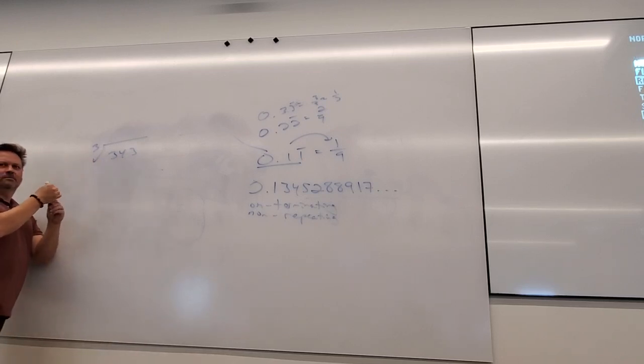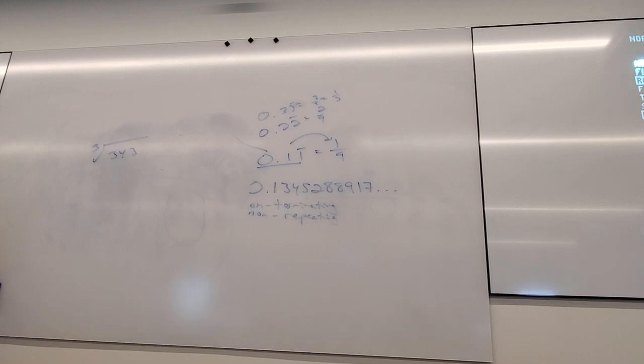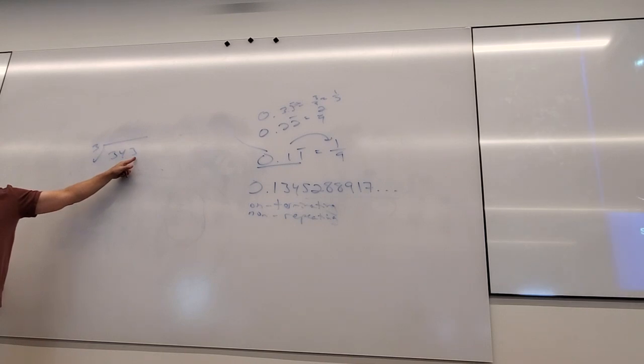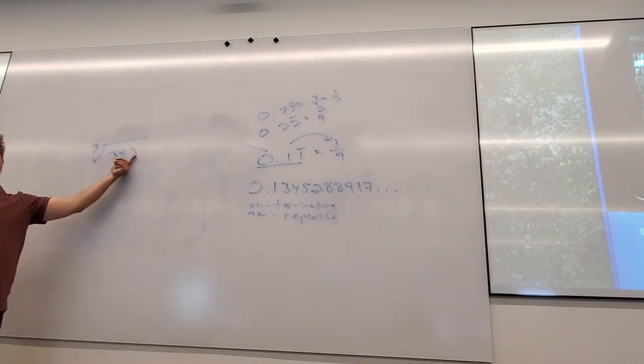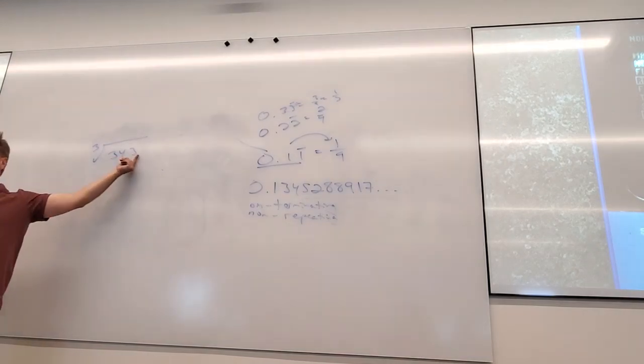But how would you do this if I made you do this by hand? Make a tree. Making a tree is a good idea, but I have to figure out what goes into it in the first place. It's not even, so 2 doesn't go in. What's 3 plus 4 plus 3? Not a multiple of 3, so 3 doesn't go in. 4 doesn't go in. 5 doesn't go in.